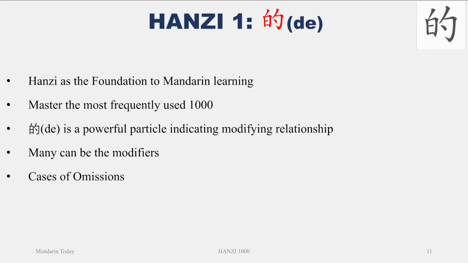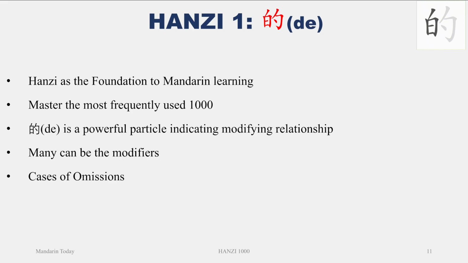And also it's used as a particle for emphasizing or softening the tone, which is very commonly used in conversation and online messaging. And then I talked about the cases of omission.